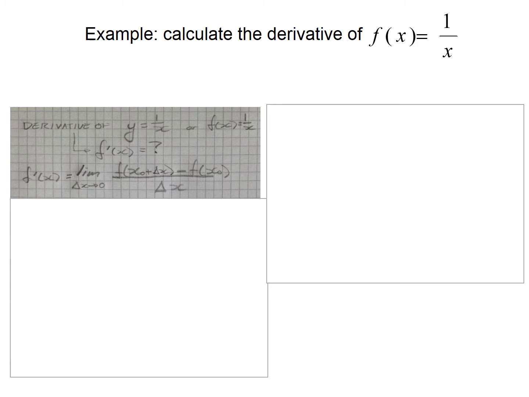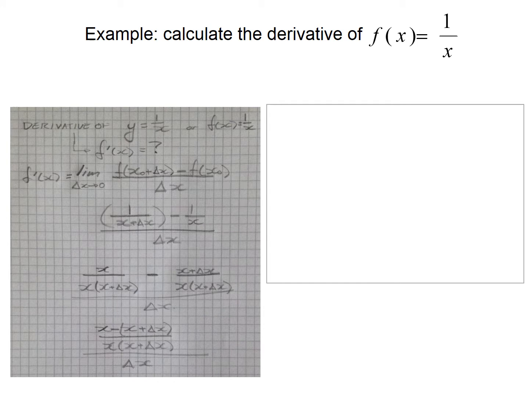This is what we did with this function, the function of x, where essentially y equals x to the minus 1. We substituted into this equation, which is used to work out the gradient at any point. We just put in the function of x, where x plus a small change in x, function of x, and the delta x at the bottom.